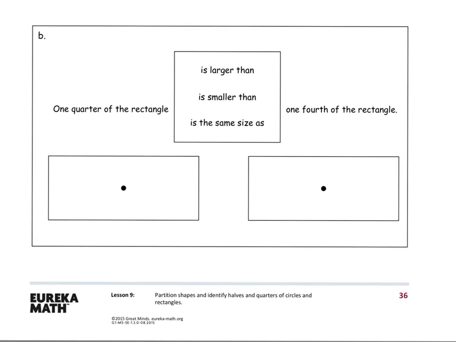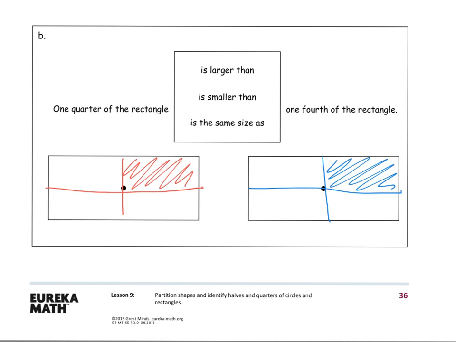If we look at B, we need to break B into 1/4 of the rectangle, and the other rectangle says 1/4 of the rectangle, so I got to break it into fourths.